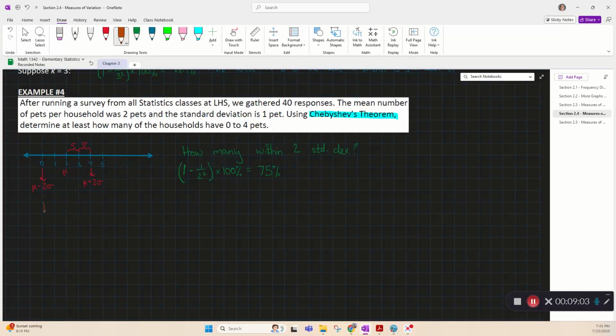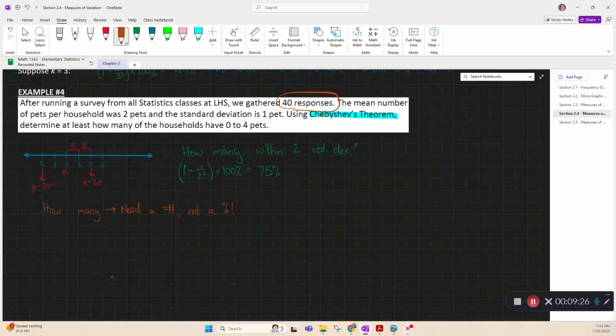So how many means I need a number of households, not a percent. Well, how many did we survey? We surveyed 40. So what I need is 75% of 40. Well, that's going to equal 30. 30 households.